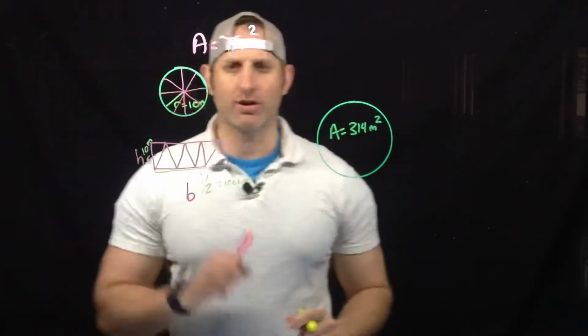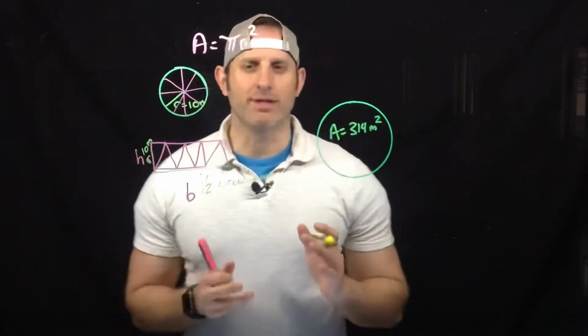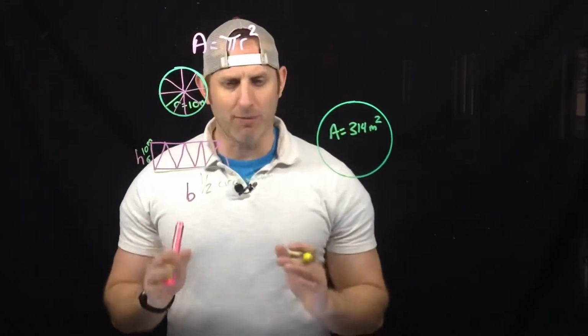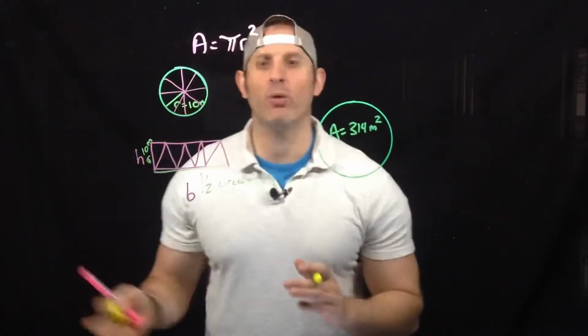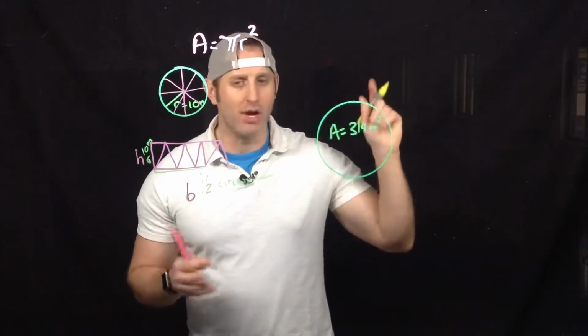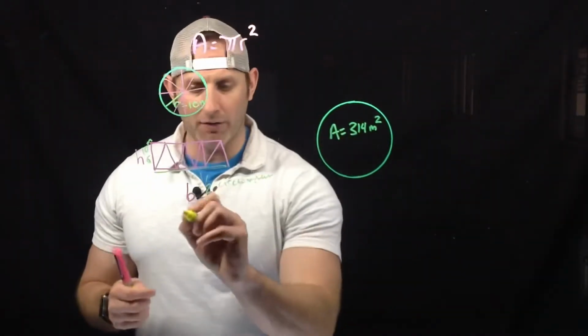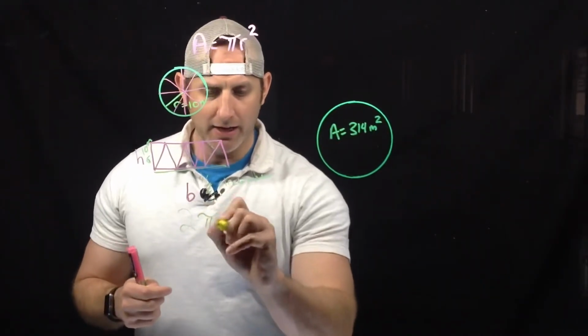So if we think about that mathematically for a second, we know from a previous video, and we'll throw a card in the top right-hand corner with regards to circumference, that circumference has a formula of 2 times pi times r.